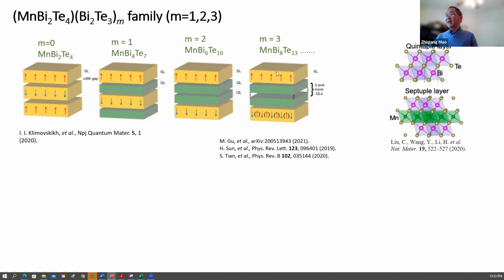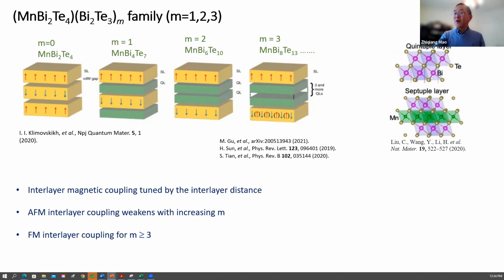If a three-layer of Bi2Te3 is intercalated, it forms the 1813. This Bi2Te3 separation layer weakens the interlayer antiferromagnetic coupling and enhances the interlayer ferromagnetic coupling. This means the heterostructure compound should involve competition between interlayer antiferromagnetic and interlayer ferromagnetic coupling.